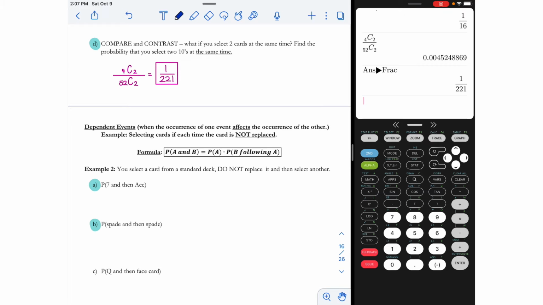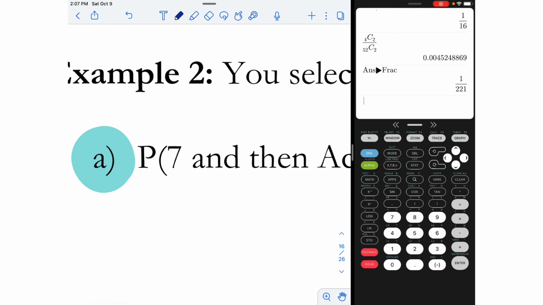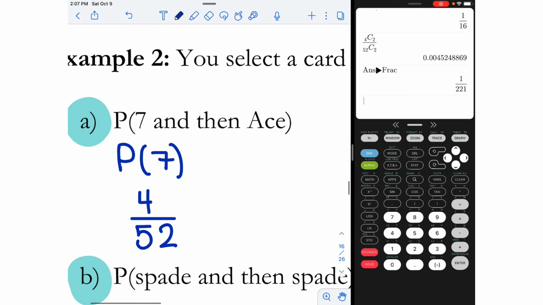So example 2 says you select a card from a standard deck, you do not replace it, and then you select another. So for this one, it's the probability that I select a 7, which is going to be 4 out of 52, because there's 4 7s in the deck. All right, and then an ace. But here's the thing.